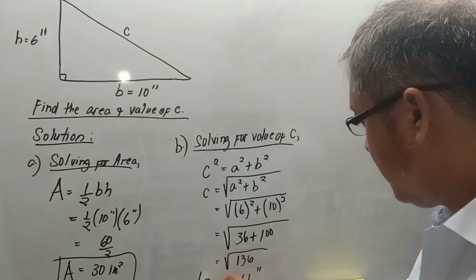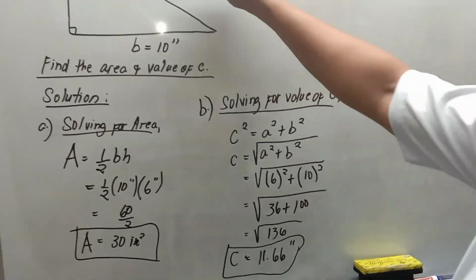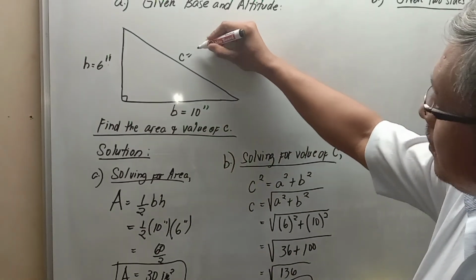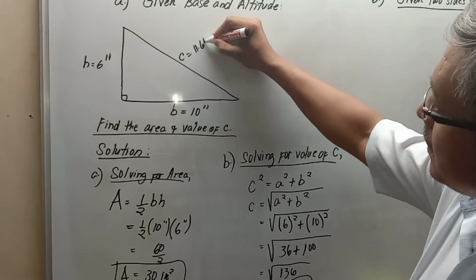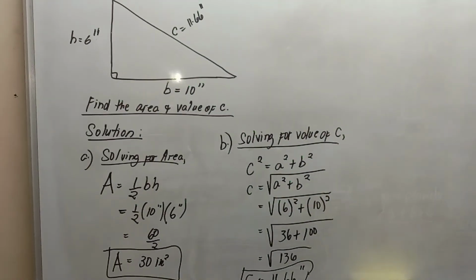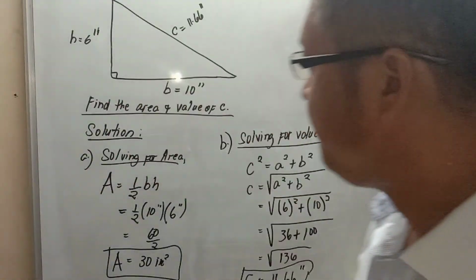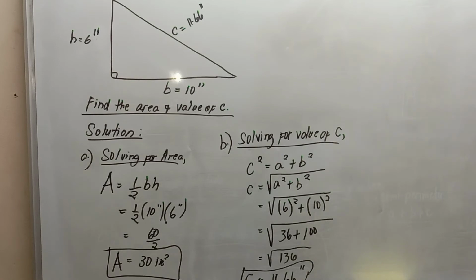So this is the answer for the second requirement: the value of C is equal to 11.66 inches. That's it, guys, a simple problem on how to find the hypotenuse by applying or using the Pythagorean theorem.